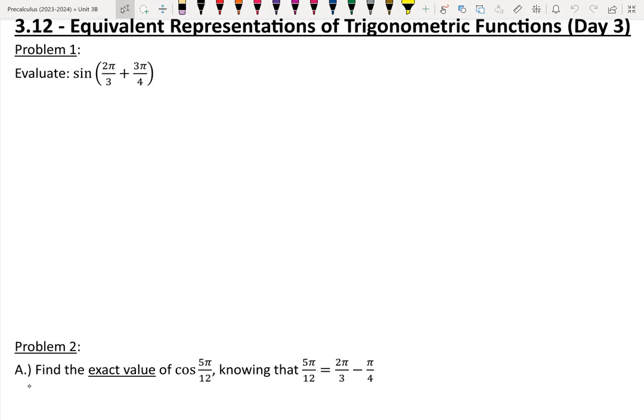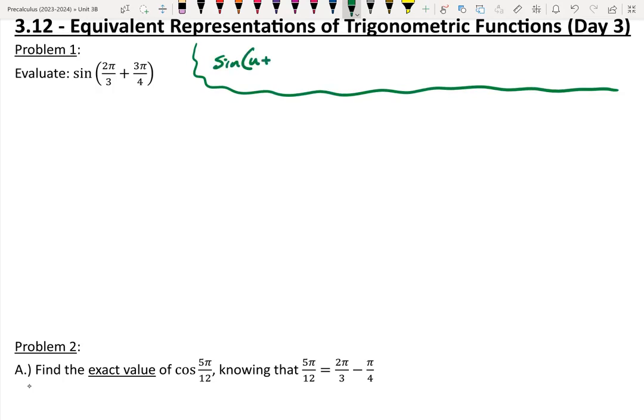Now we are looking at sine of 2 pi over 3 plus 3 pi over 4. So we are going to utilize the trig identity where we have sine of u plus v, where I have two angles being added inside of the sine function.